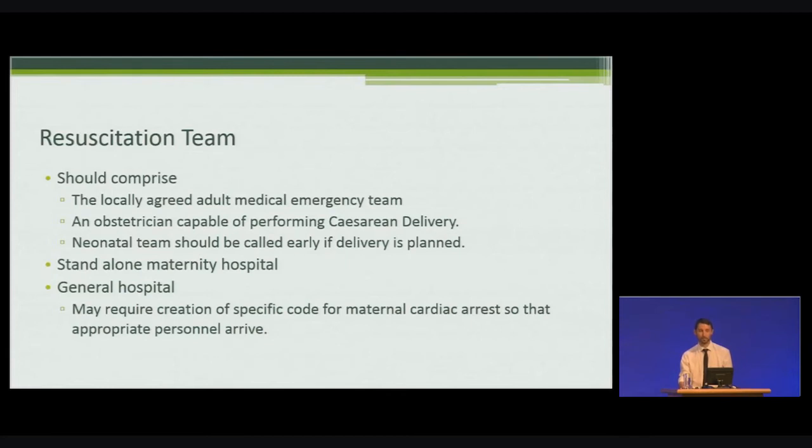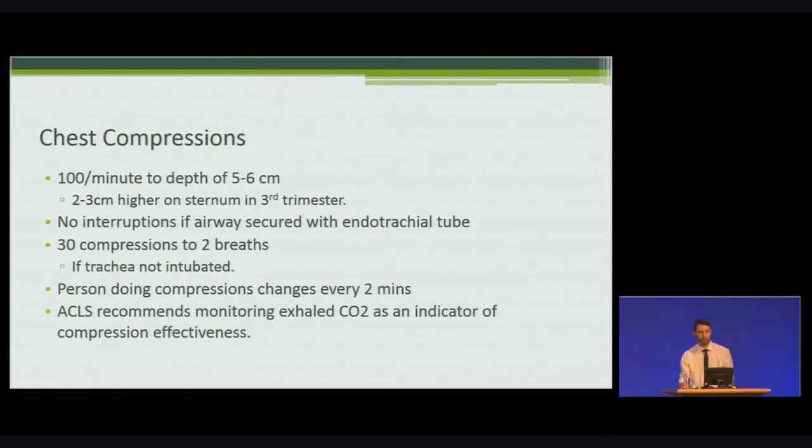Moving on to chest compressions. These should be performed at a rate of 100 per minute to a depth of 5 to 6 centimeters. Important to remember that you place the heel of your hand approximately 2 to 3 centimeters higher on the sternum in the third trimester. There should be no interruptions to the chest compressions if the airway has been secured with an endotracheal tube.